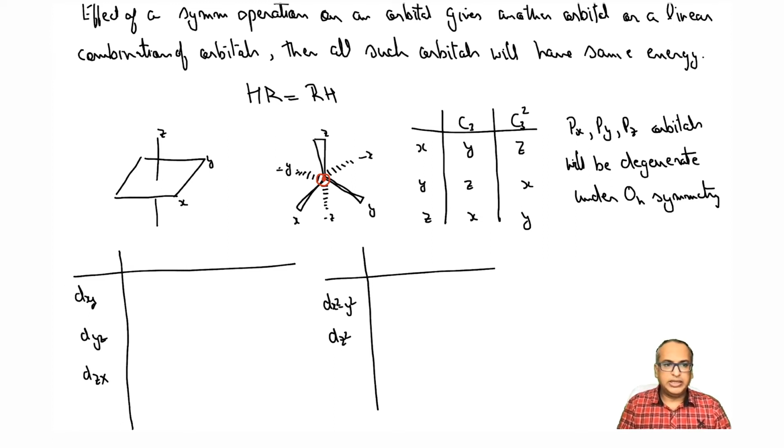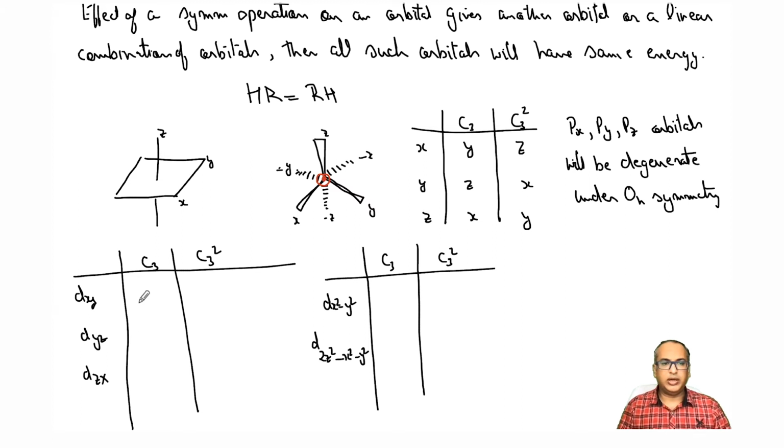By the way, dz square is not the complete representation, it is actually a short form. The full functional form is 2z square minus x square minus y square. This will be required. C3, C3 square. So now what happens if you do C3 on dxy?